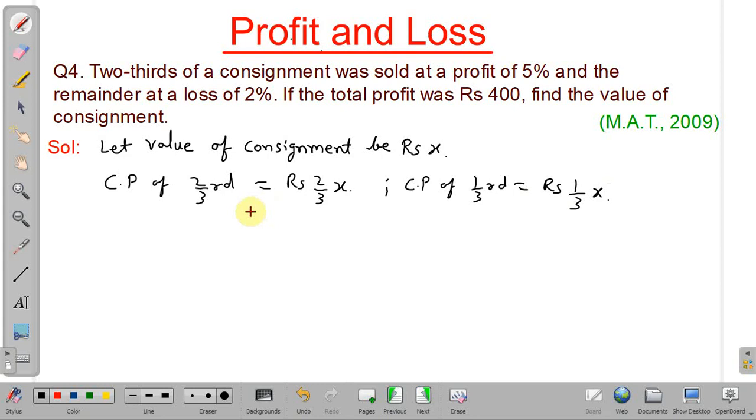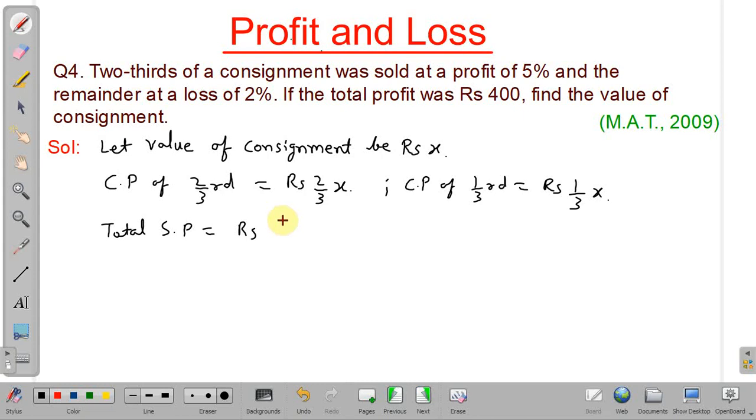Now we have to find the selling price. So total selling price equals, see, on this he is making a profit of 5% and on this he is making a loss of 2%.